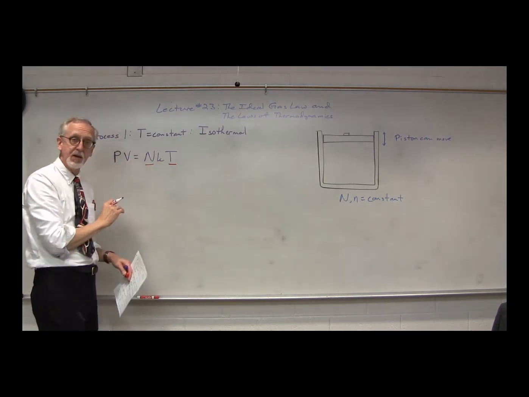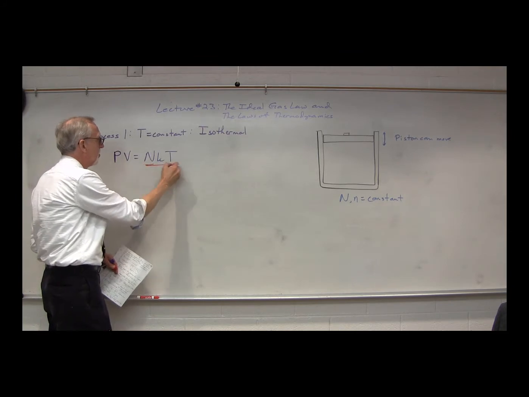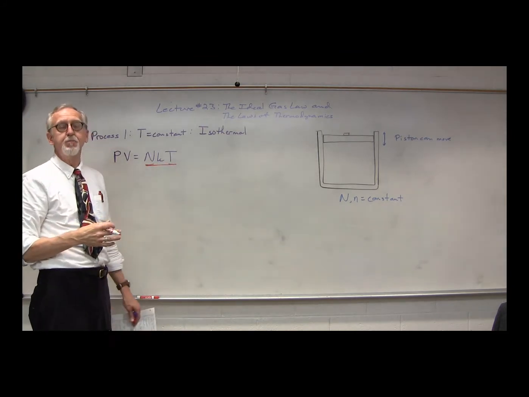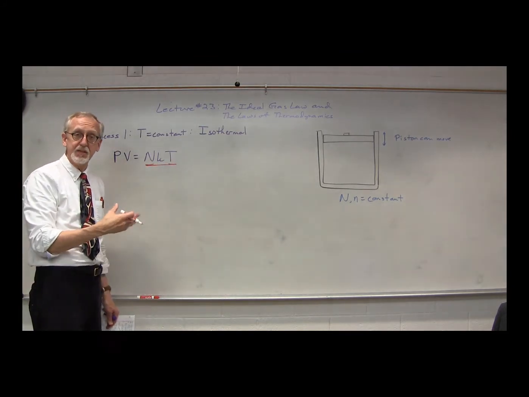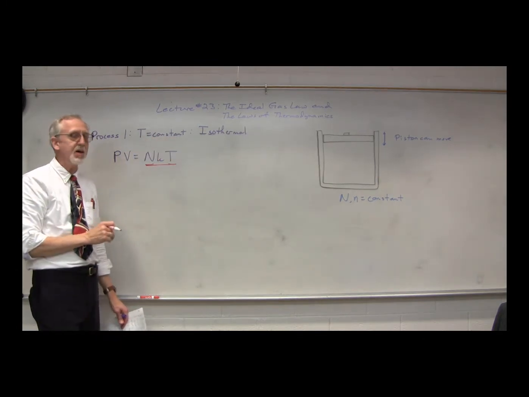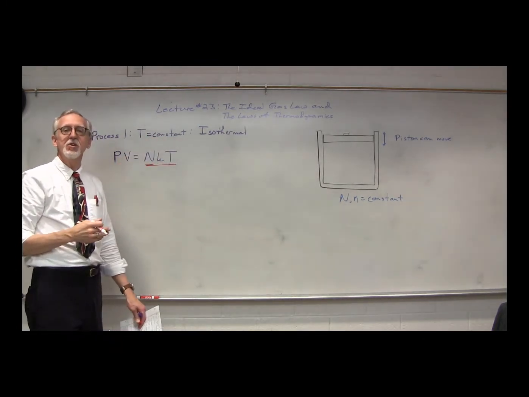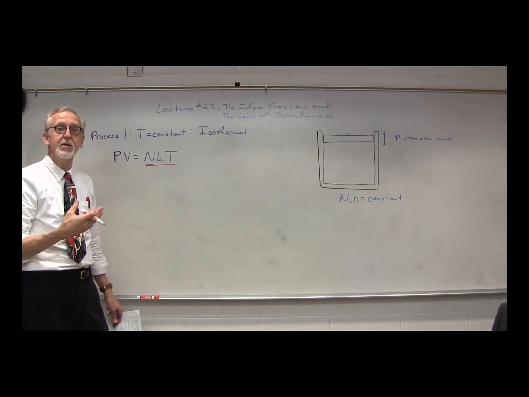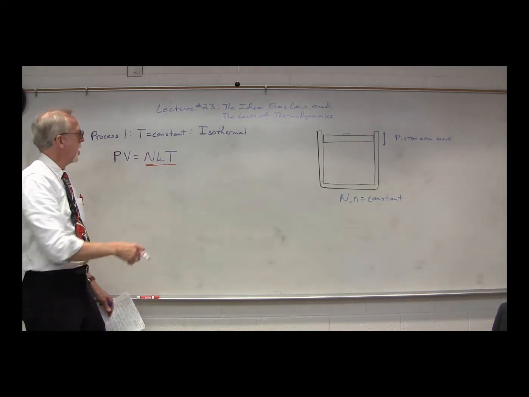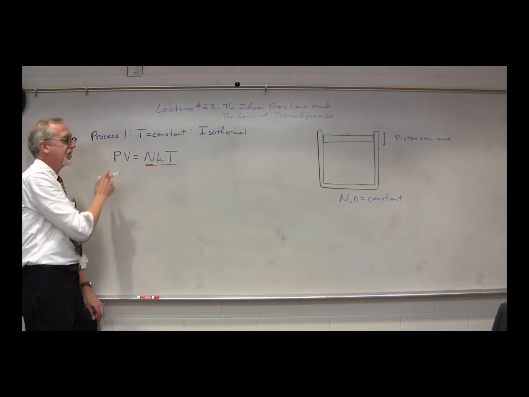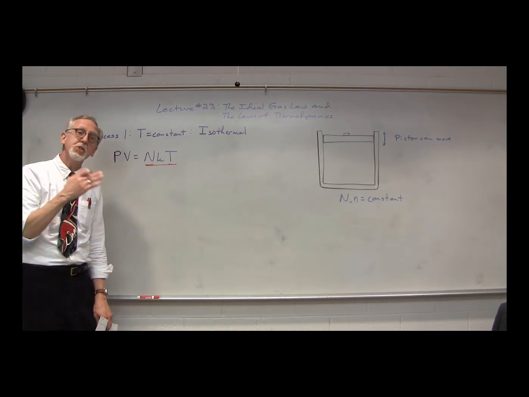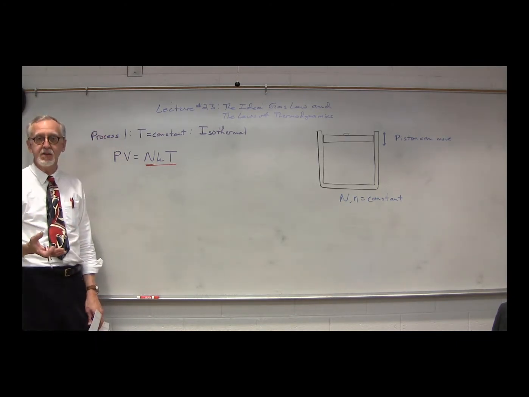T is going to be held constant. And k is already a constant. So what do we know? Whatever we do to this gas in an isothermal process, the right side of this equation is not going to change. It's going to maintain a constant value. But if the right side is constant, the left side must also maintain a constant value.